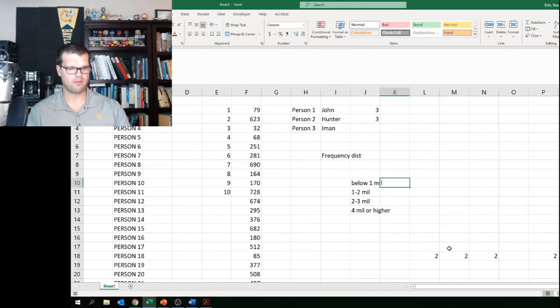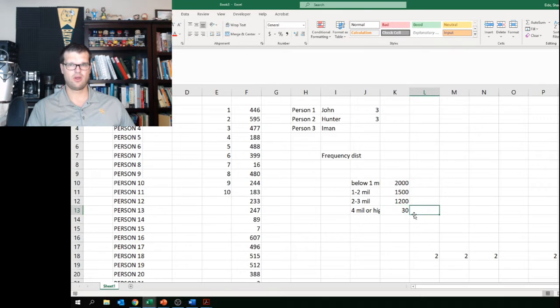So you might have 2,000, and then you might have 1,500, 1,200, and then you have 4 million or higher, and you might only have 30. You would take a representative sample of each one.